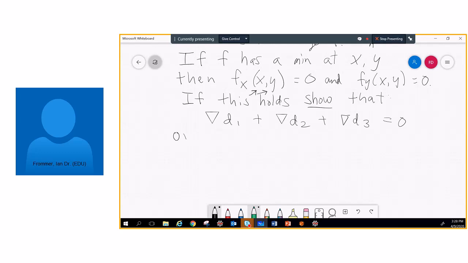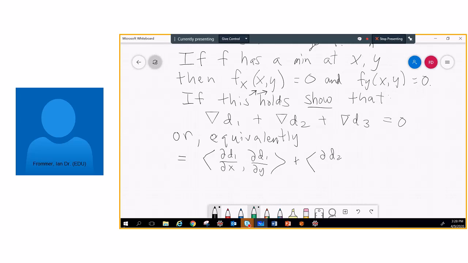So I'm going to rewrite this. Equivalently, I'm just going to plug in the formulas for the gradients. So the gradient of d1 is just the partial of d1 with respect to x, comma, the partial of d1 with respect to y. And then you just write the similar terms for the other two d's.